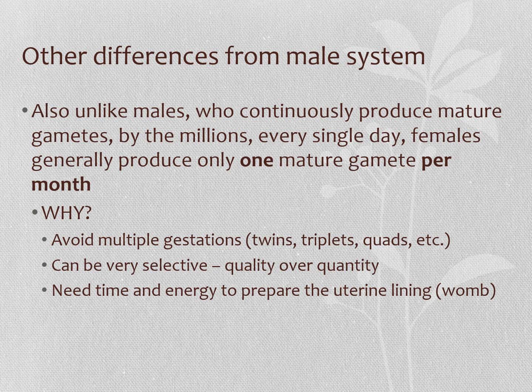Probably the biggest reason, in addition to avoiding multiple gestations, is that it's actually not easy to get the endometrium ready. So that uterine lining, the inside part of the uterus that has to get all thick and juicy and ready for a fertilized egg or zygote to implant, that takes time and energy to prepare. So you'll see in a lot of mammals that the females are often not continuously fertile, right?